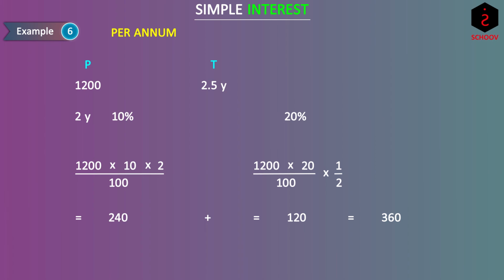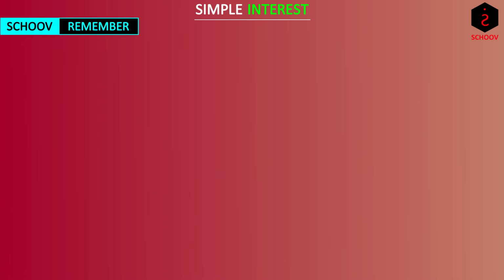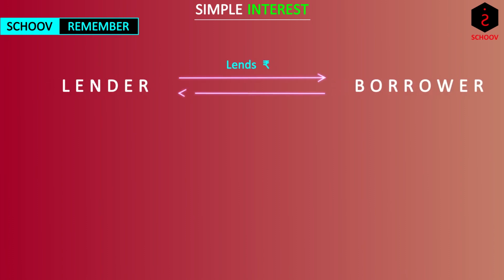Alright, so let's summarize now. What have we learned in this topic? We have learned 4 things in this chapter. It is very important, so pay attention. First, when a lender lends a borrower some money, the borrower must return that money plus some extra money.